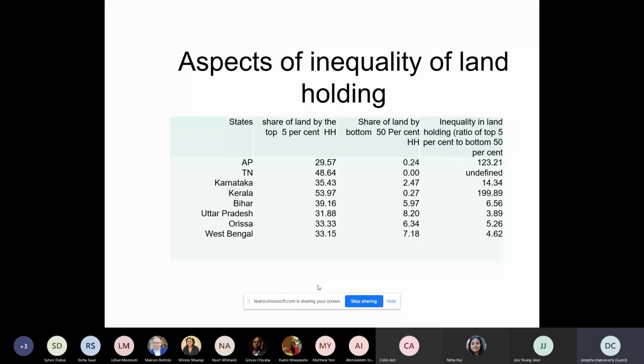Then, in that context, I tried to look at the incidence of agricultural labor and cultivators in the states of my concern, the rice cultivating states. I saw that the incidence of agricultural laborers is much lower in West Bengal in particular and Eastern India in general, which was quite expected because these states have much lower inequality in landholding structure, unlike the southern Indian states, which are characterized by very large inequality.